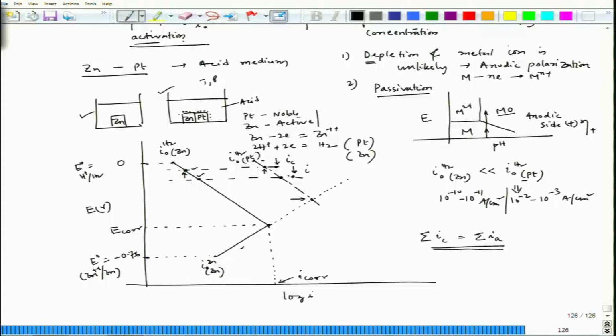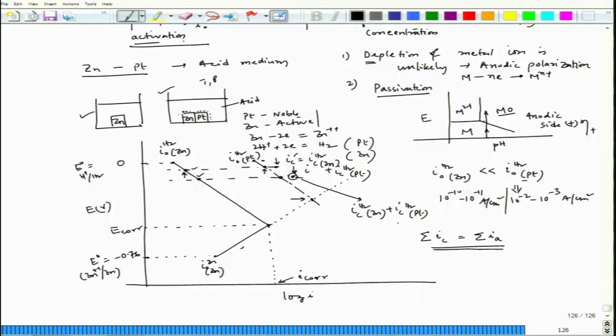Let us say this is IC prime equal to IC hydrogen on zinc plus IC hydrogen on platinum, and at this point it is basically IC hydrogen on zinc plus IC hydrogen on platinum. Like that, we have to add up all the cathodic reactions.